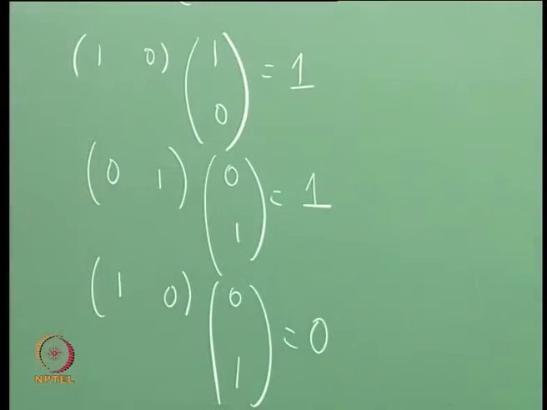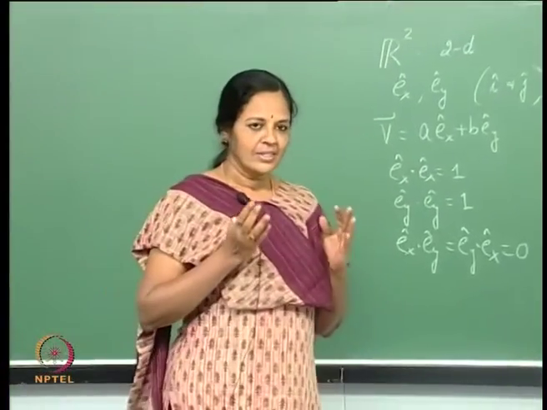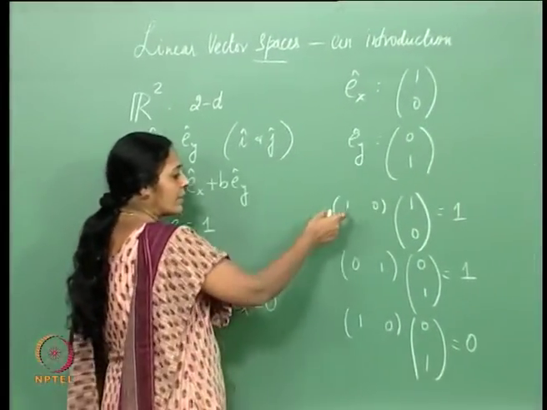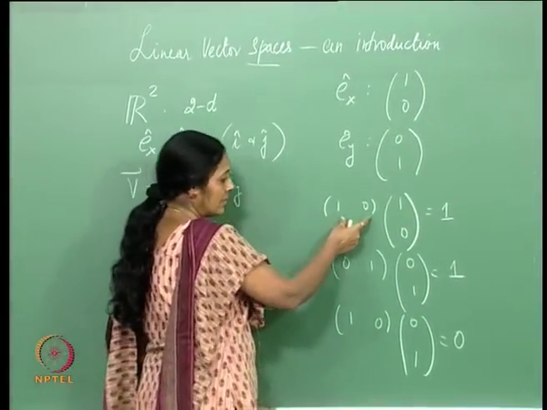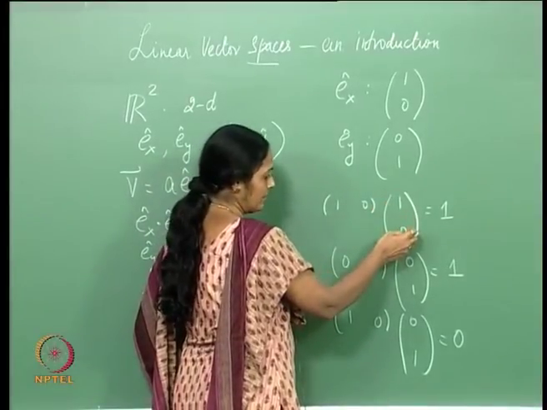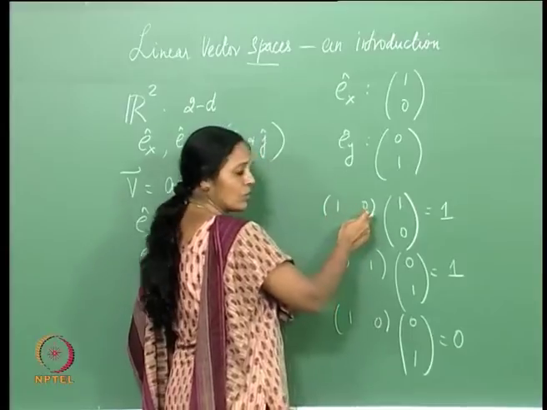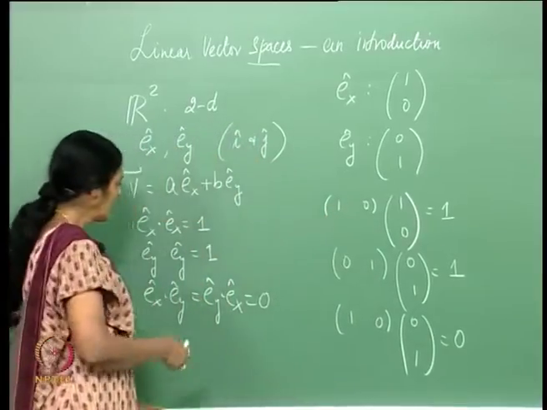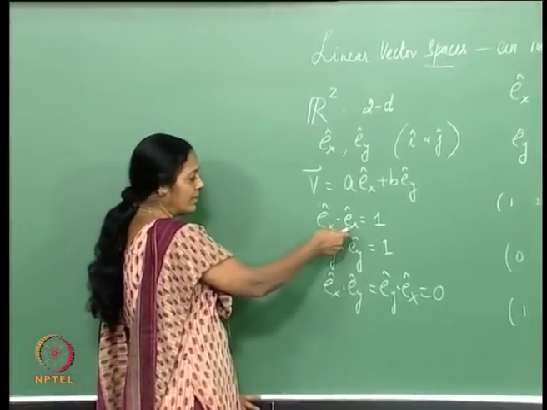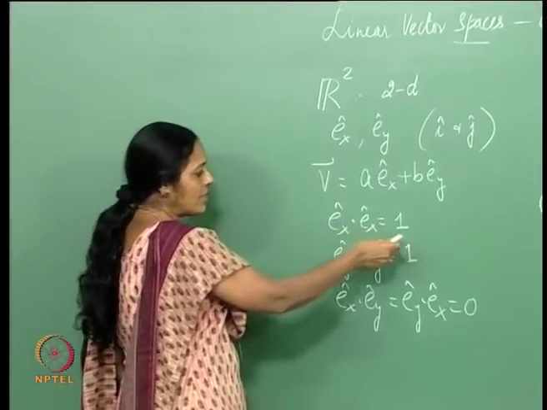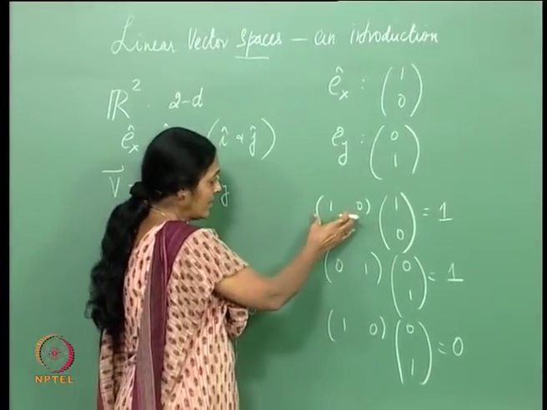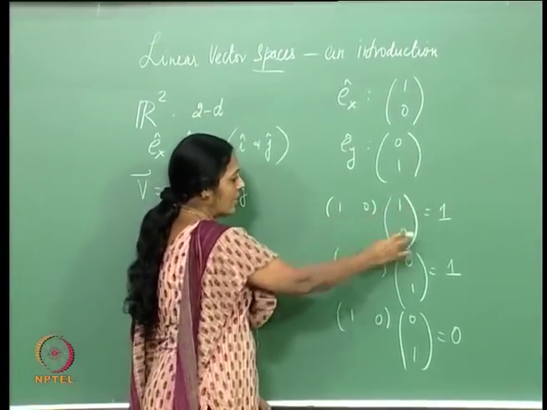But this subtle change of notations tells us something, that indeed there are 2 types of vectors that we need to consider. One is the column 1 0 and the other is the row 1 0. Certainly that is not obvious here, but here I am able to distinguish between 2 types of objects, the rows and the columns.